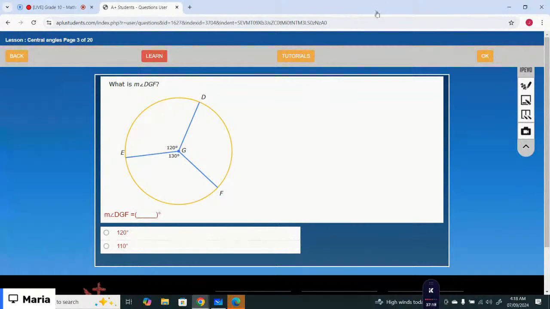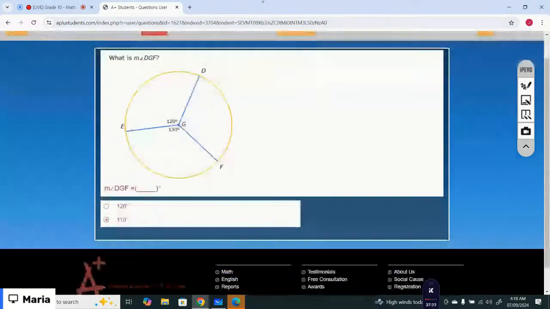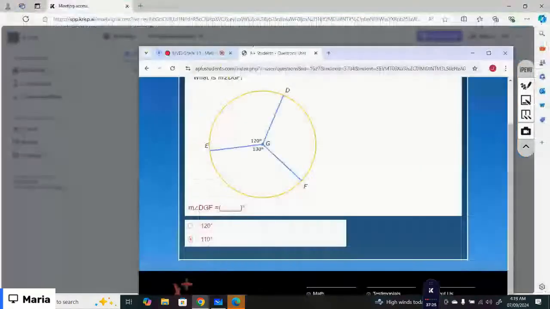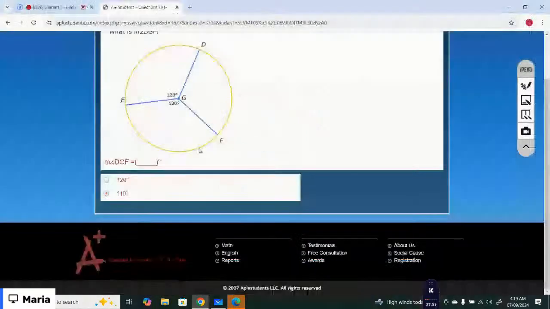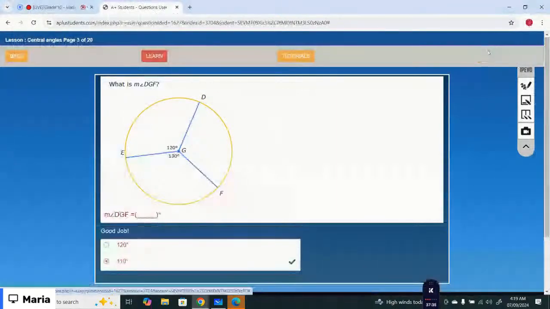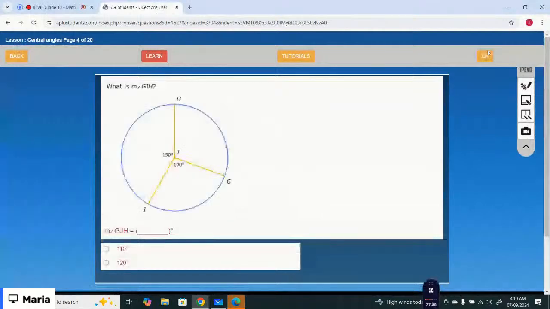Sum of all the angles in the circle is 360 degrees. That is 110 degrees. Okay, the next one is, what is the measurement of the angle GHI?